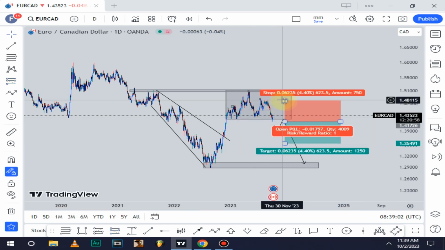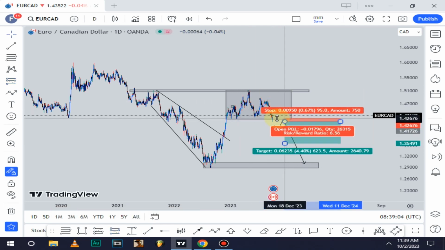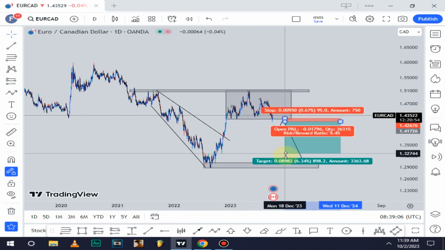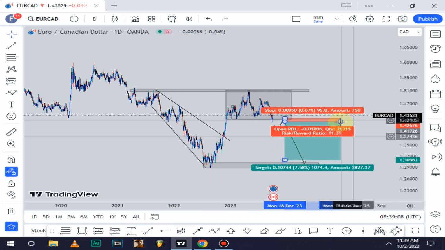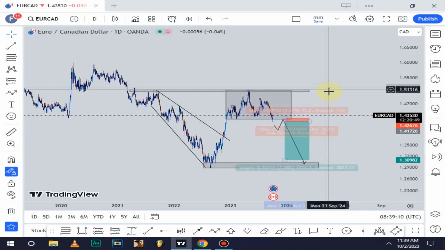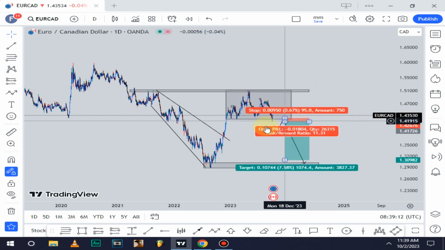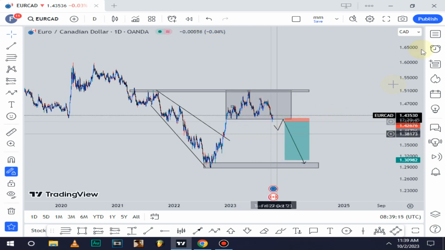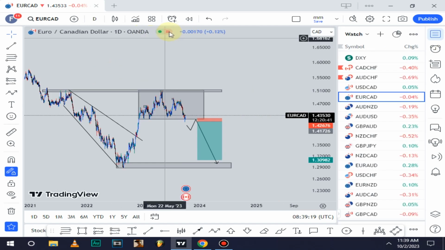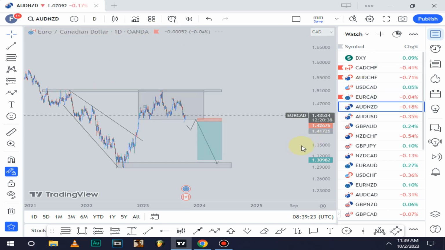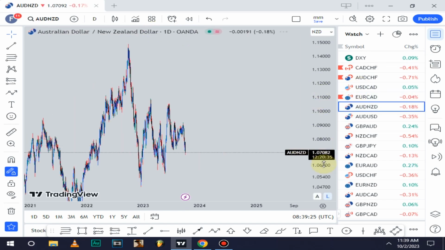Then stop loss above that zone, and swing all the way down. For now, I don't want to take that trade, but I'm still going to monitor how the market will be reacting to my support and resistance, because those are the key zones.